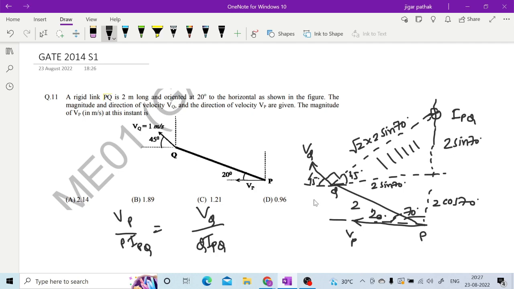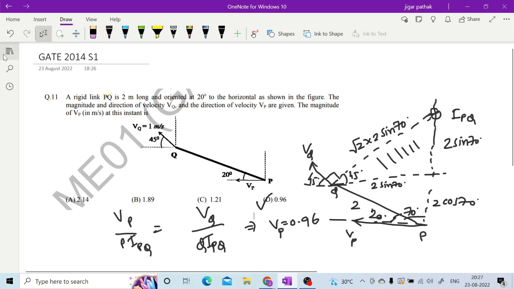This way you are having all the data with you. Now you are having this distance PIPQ with you and QIPQ with you. If you put all the values, VQ is given as 1, your answer VP will be coming as 0.96. So this is the correct answer. Let us move to the next one.